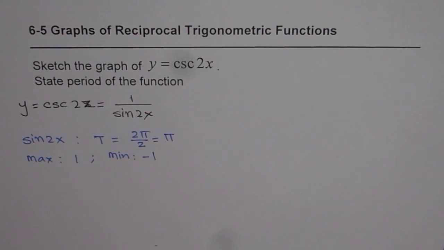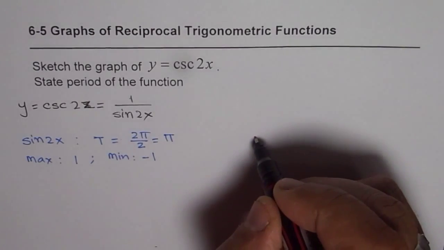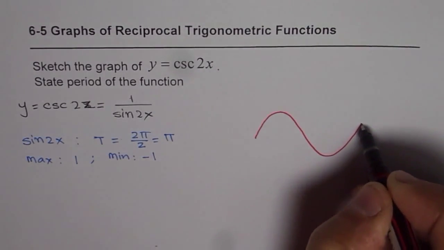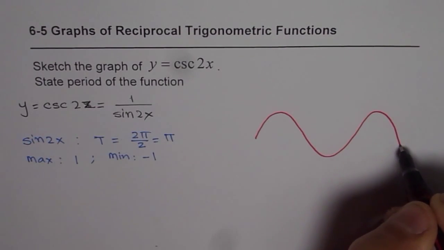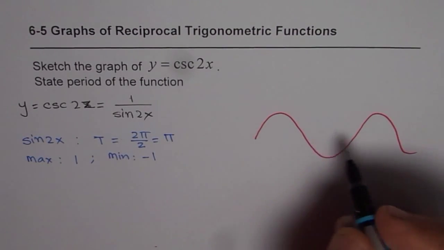So let me sketch a sine function first, and then we will understand how to sketch the graph for cosecant 2x. I'll roughly sketch it. I'm not using any graph paper, but I think this will help you understand it in a better way.